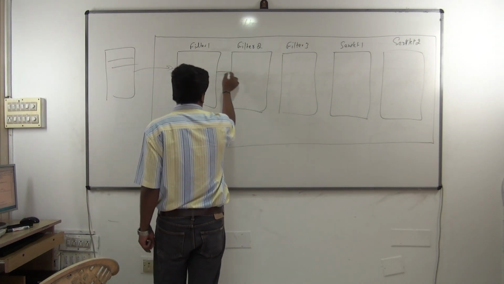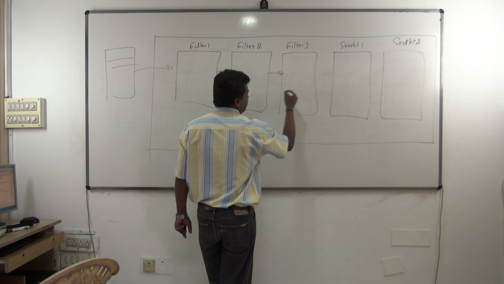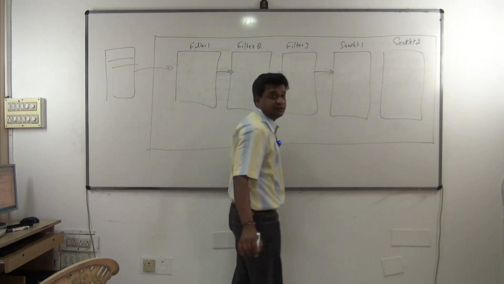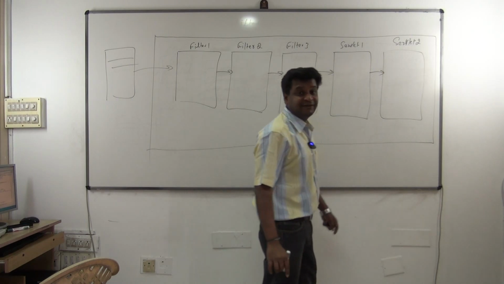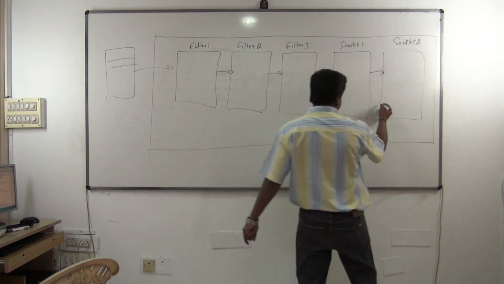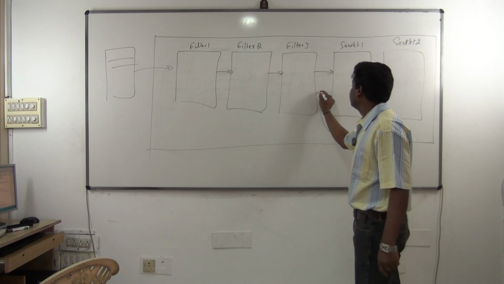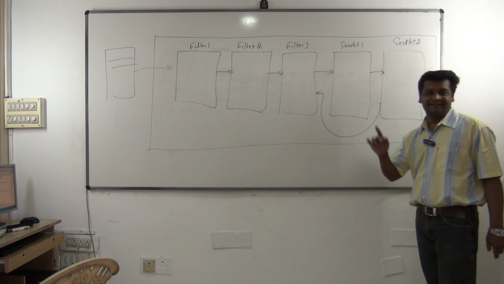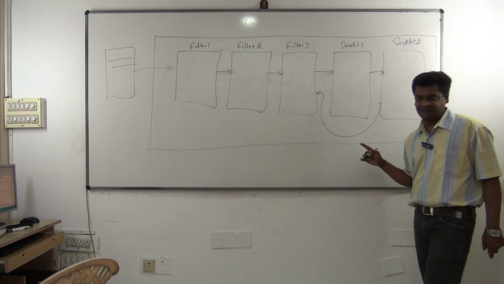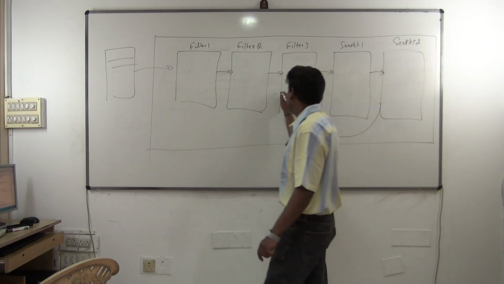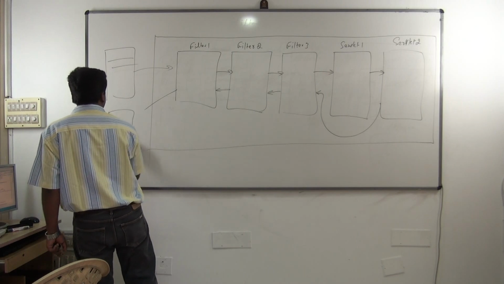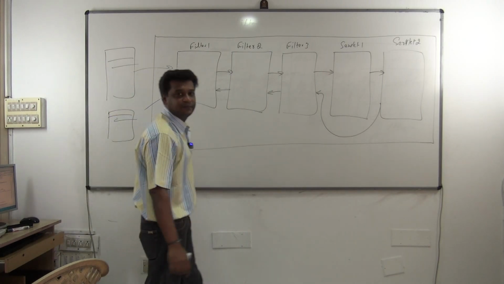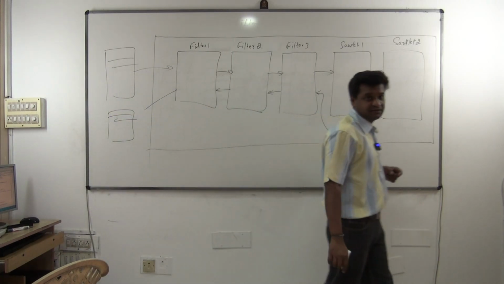First filter 1 will accept, it will send it to filter 2, it will send it to filter 3, go to servlet 1, then from here it will go to servlet 2. When the response servlet 2 is giving, it will come back to what? Filter 3, post processing logic. Same reverse order it will come now. Then the response will be given. So this will be bypassed.